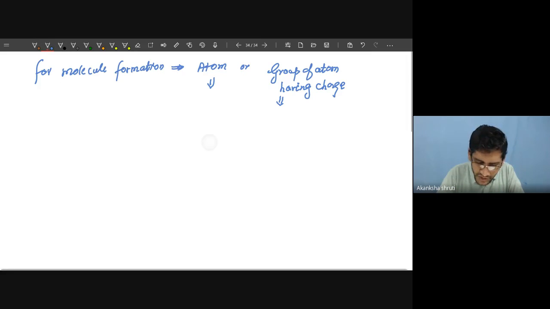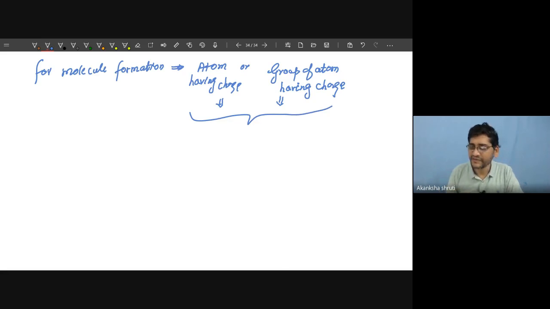So atoms having charge, these two collectively form a species or entity which is used in formation of molecules. It is called ions.